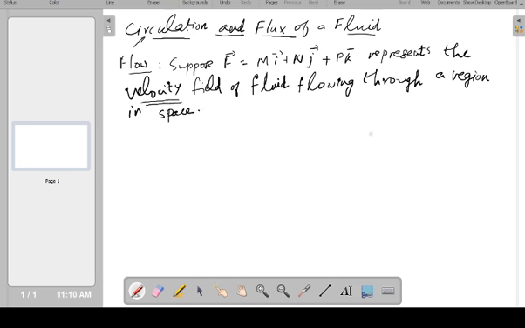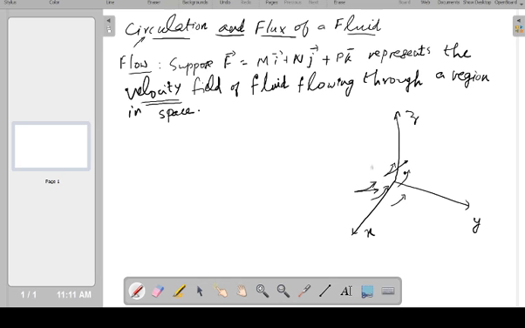So it's a vector. So you have the space, x-axis, y-axis, z-axis, and suppose that the fluid flows like this. So the velocity vector at this point is this, at this point is this.